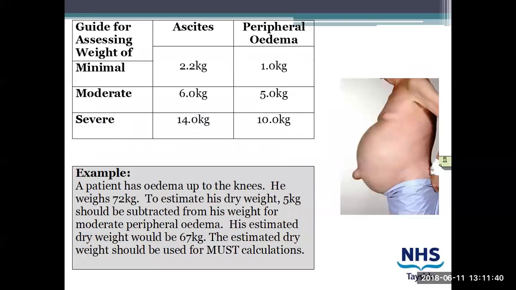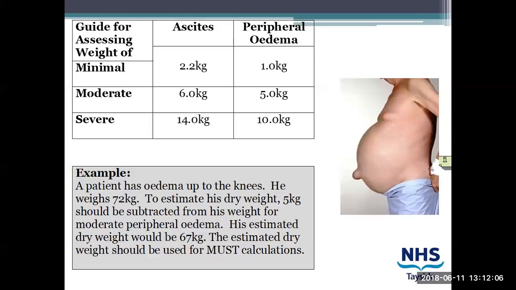So the table here takes into account someone's dry weight and also their water weight. If someone has ascites or peripheral edema, it's important to take that into consideration. For peripheral edema, the table shows that for minimal you would need to take off 1 kilogram.